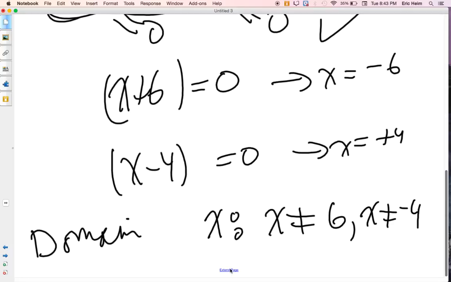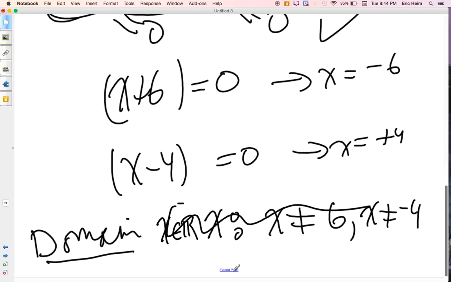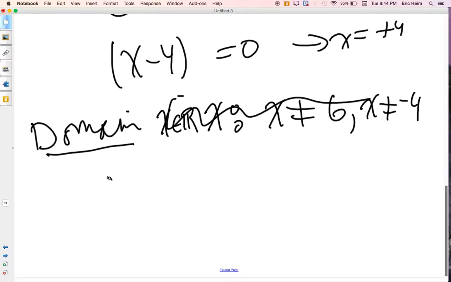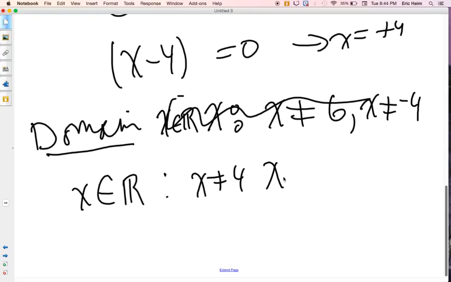Okay, how do we actually write this in proper notation? There's lots of different ways to do it. I don't know what your teacher would expect here, but the domain is the set of all real numbers x such that x is an element of the set of real numbers such that x is not equal to 4 and x is not equal to 6.